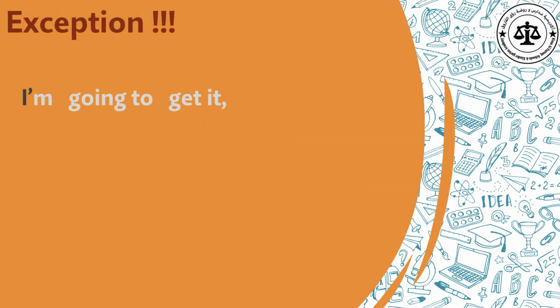Look at this sentence. I am going to get it. Okay, look at the question tag. Aren't I? عمرنا حطينا ال I مع ال aren't؟ No. So here we have an exception. Exception means استثناء. عندنا استثناء بهاي الحالة.